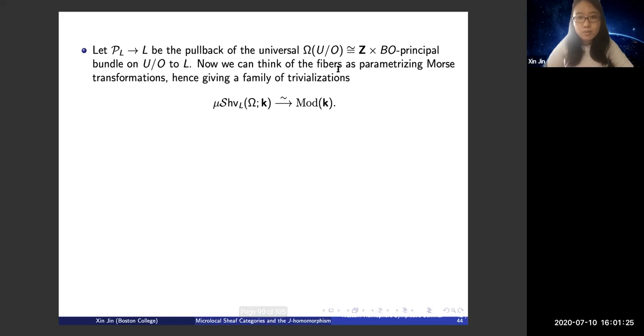However, by our link, you can consider this as parameterizing Morse transformations. And then this gives a family of trivializations.